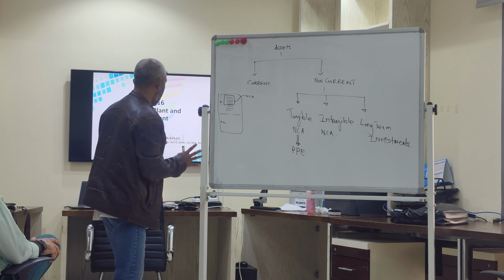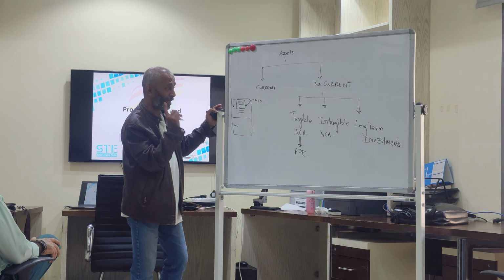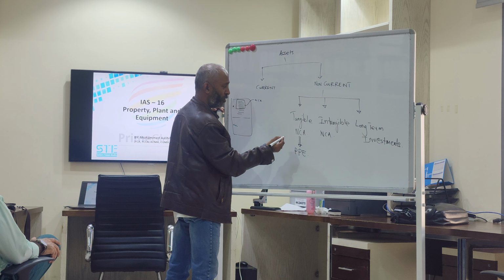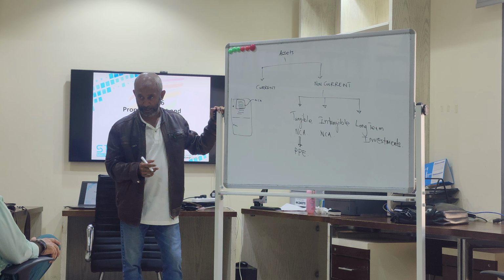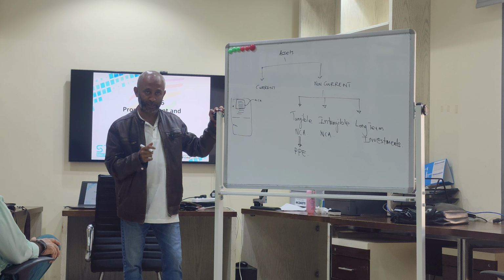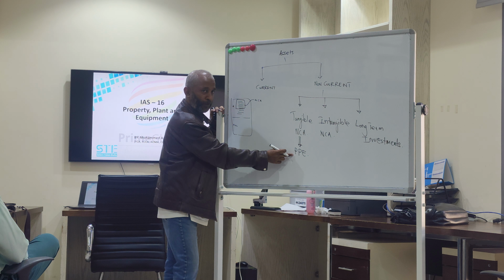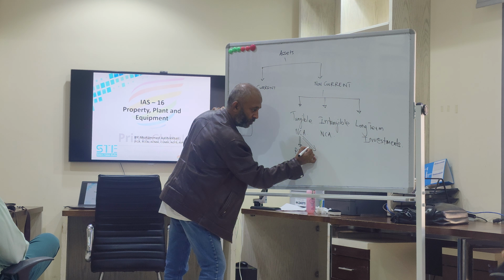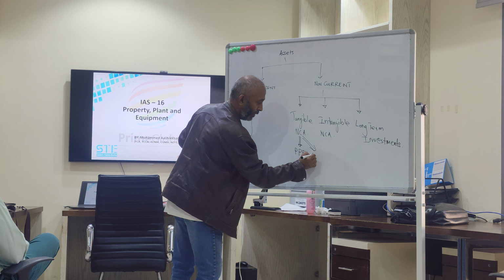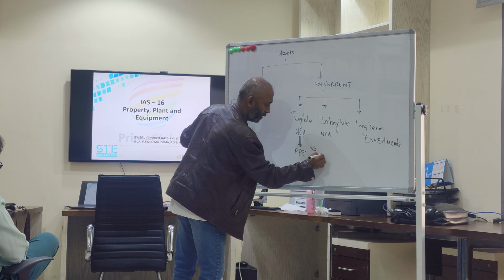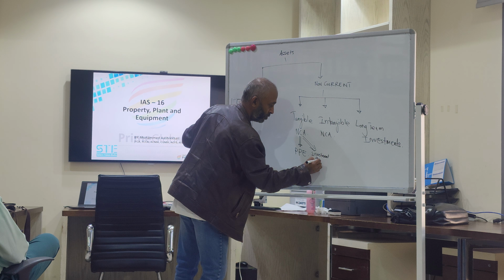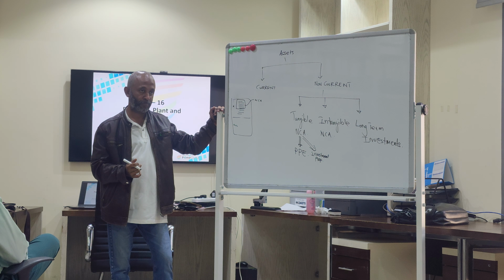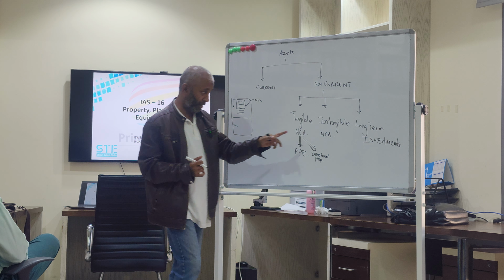But actually from today, our discussion is covering accounting for tangible non-current assets. That's what we will discuss. One of the items here is property, plant, and equipment. The other item we have is investment property.